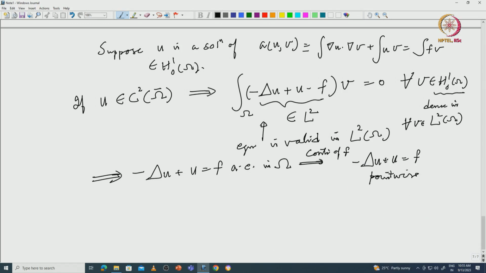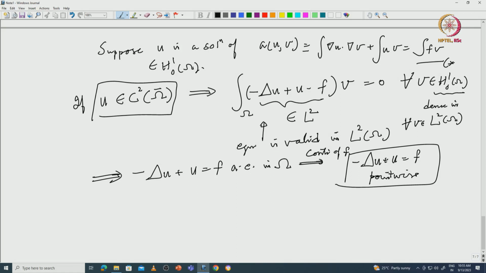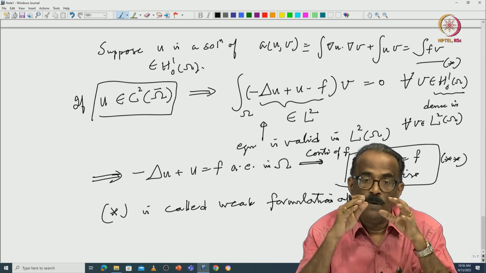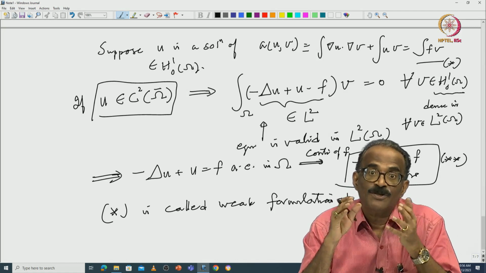So, your PDE is obtained by making an additional assumption, u is in C2 of omega, and this formulation, double star, is your strong formulation. Star is called the weak formulation of the PDE double star. So, you get your PDE only when you make further assumptions.